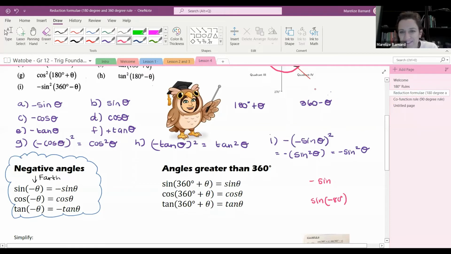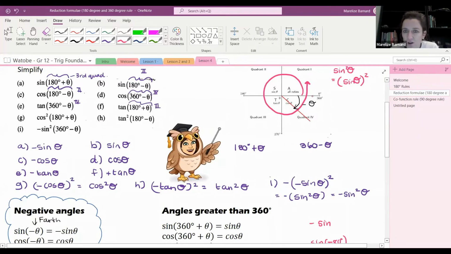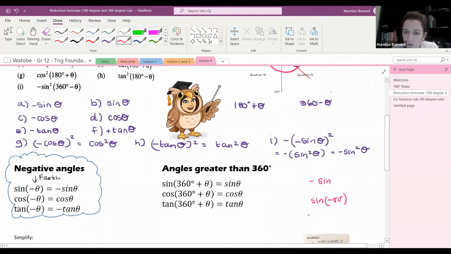Negative 80 means that you've rotated in the clockwise direction and you are in the fourth quadrant. So it will be negative sine 80, because all negative angles are actually in the fourth quadrant. Sine will only change to a positive if it's like sine negative 360 or sine negative 180 or sine negative 270.